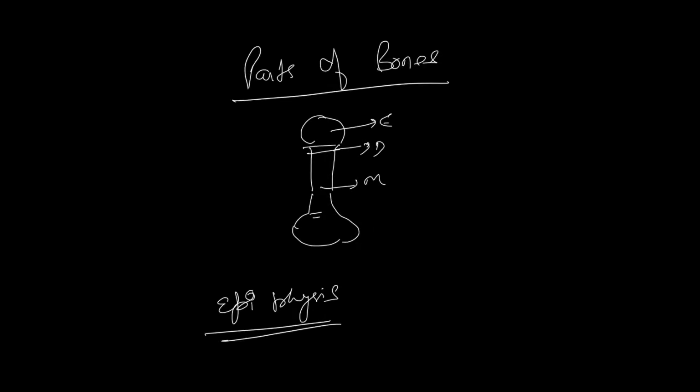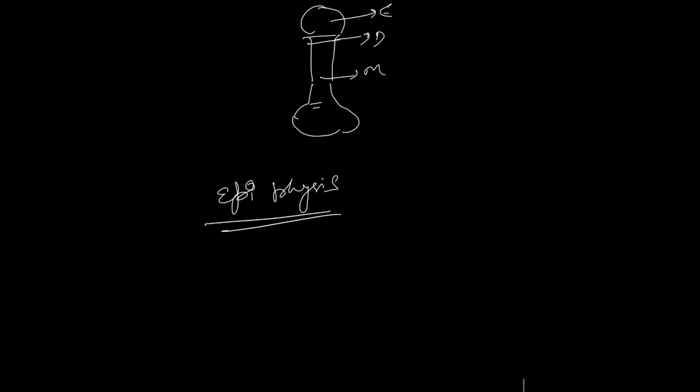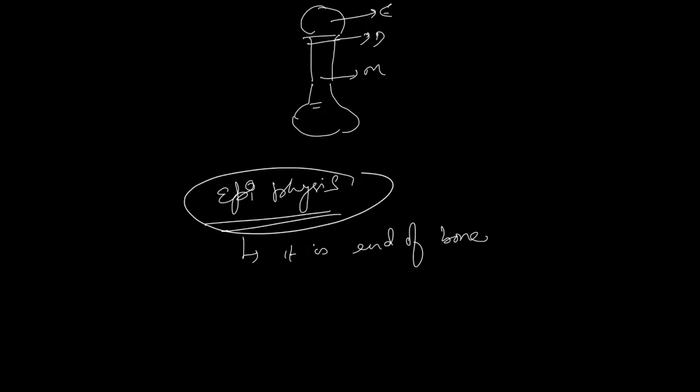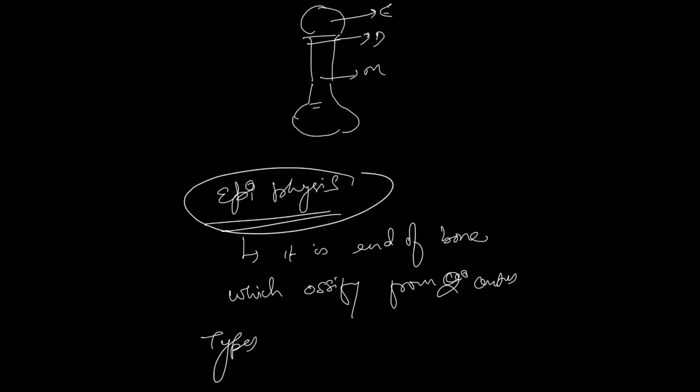First we'll understand what is epiphysis. Epiphysis is the end of bone, okay, which ossifies from secondary centers. Okay, there are different types of epiphysis.